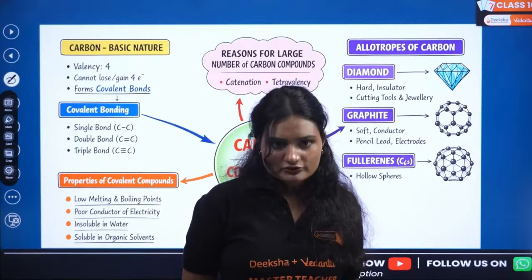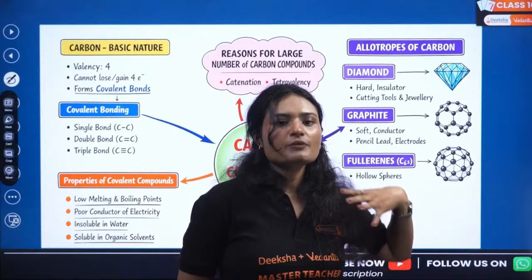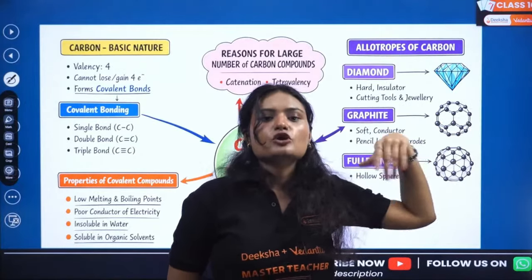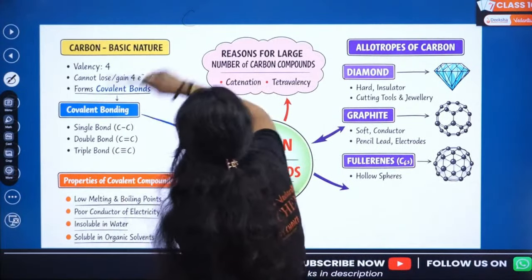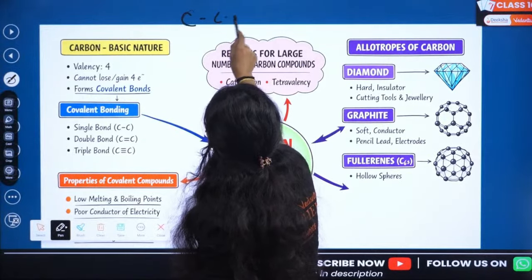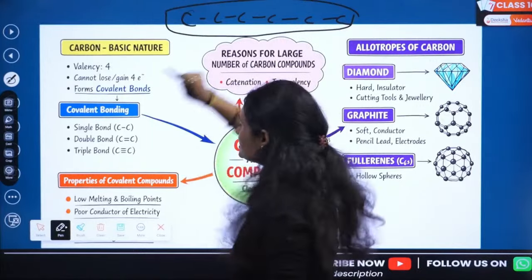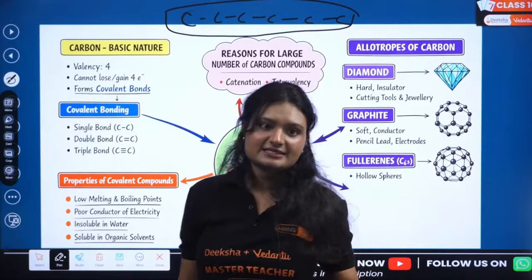It can form bonds with itself first of all, and then it can form long chains of bonds with itself and other atoms. Due to that, millions of compounds of carbon exist.